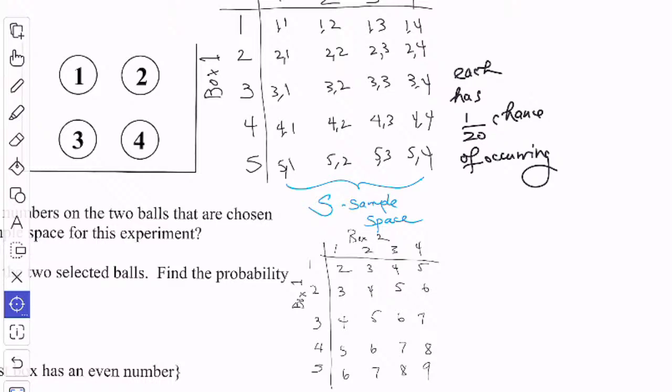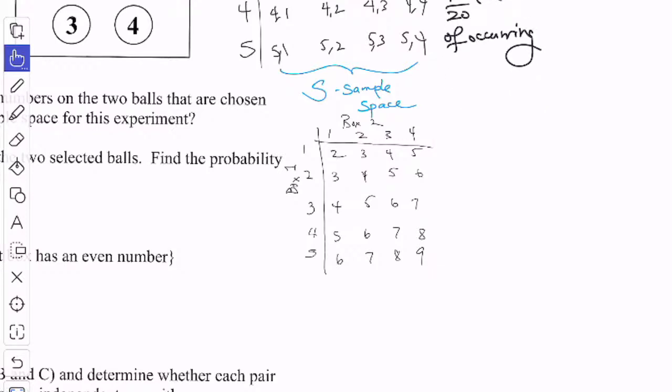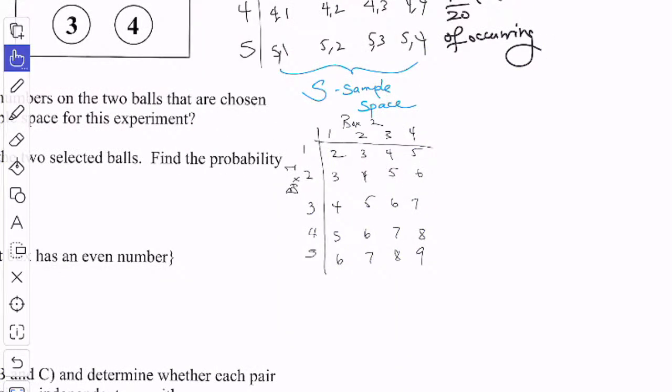So it's 1 in 20 chance. Down here, 2 can only occur in one way. It's a 1 and a 1. But 3 has 2 ways of occurring. It could be 2 from the first box and 1 from the second, or 1 from the first and 2 from the second. So this changes the possibility of seeing the different outcomes.